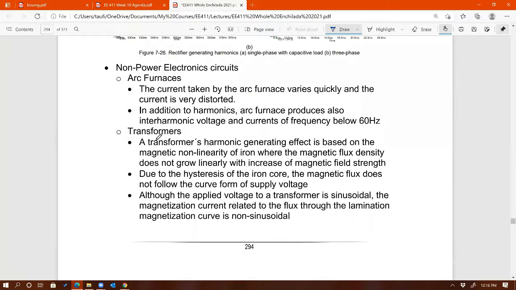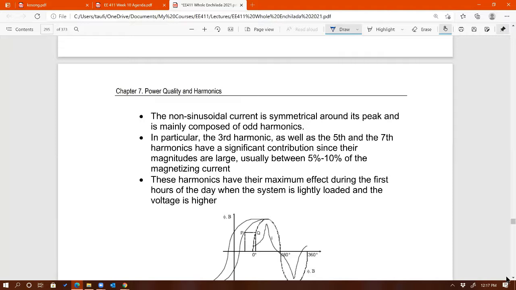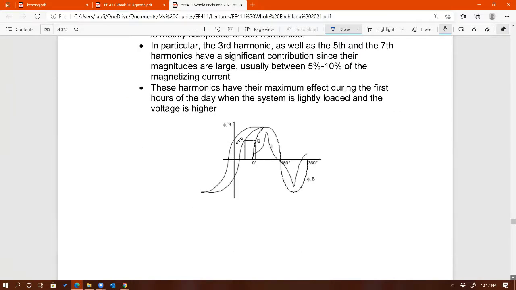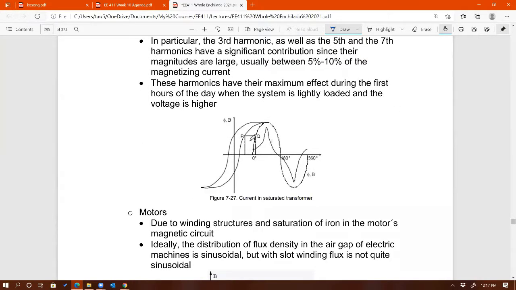It's interesting to see that a transformer could also produce harmonics, but only if you operate the transformer in the non-linear region. If you look at the saturation curve of the transformer here, that's the BH curve, the hysteresis curve that you learned from 295, I believe.